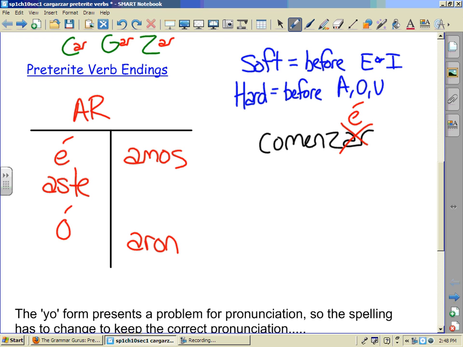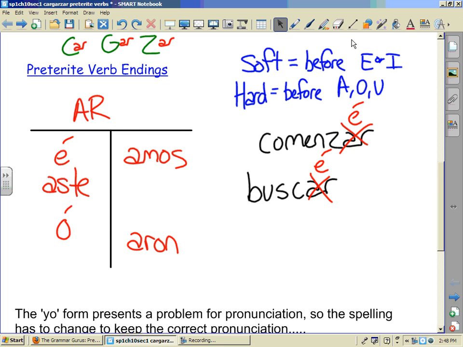That's not right. And if we were to take the verb, let's see, we've done a GAR. How about a CAR? Buscar, to look for. If we were just to use the normal rules, drop the AR and add é, instead of saying busqué, it would be buscé. Okay? And we're not doing that.